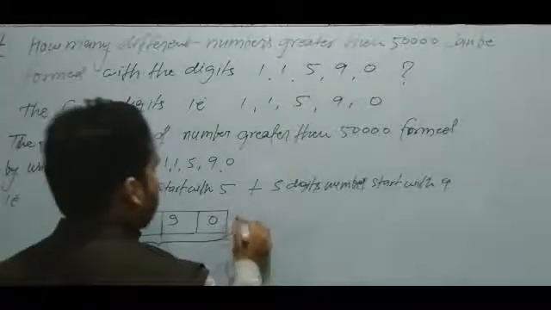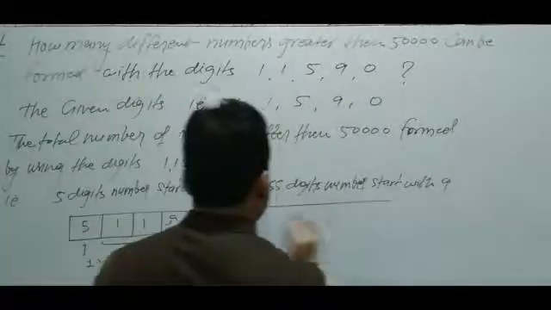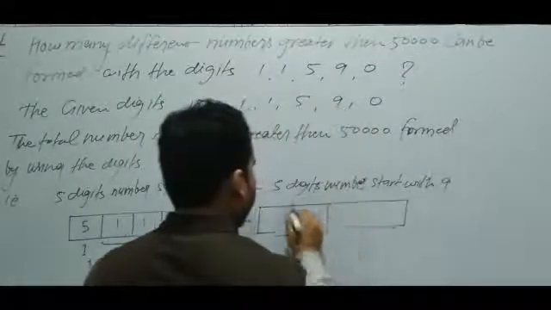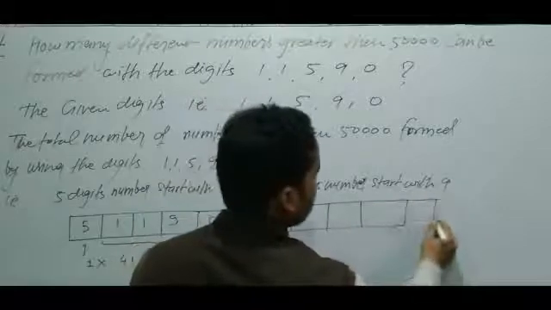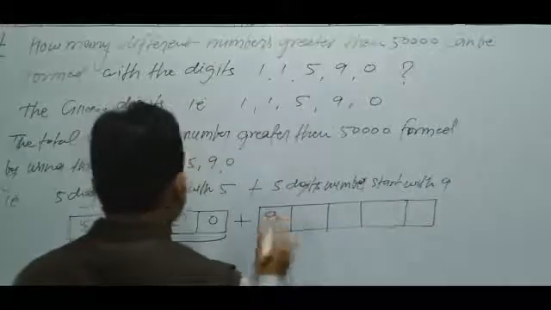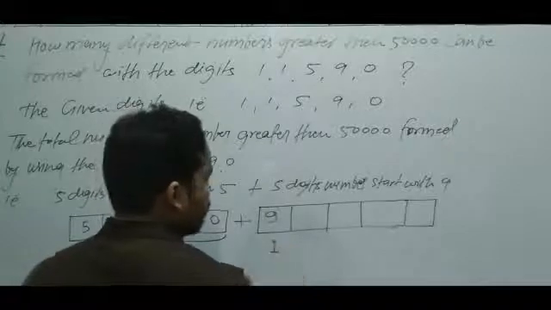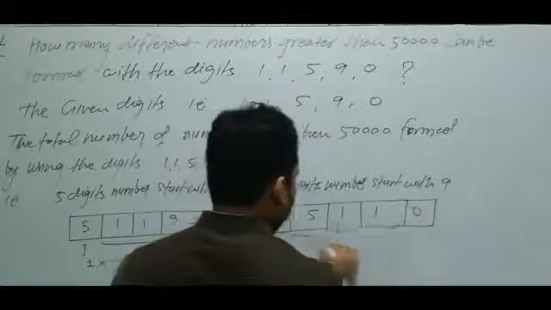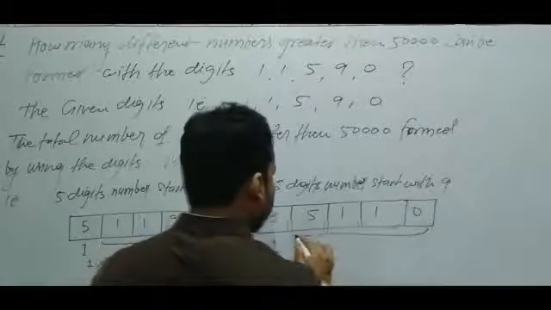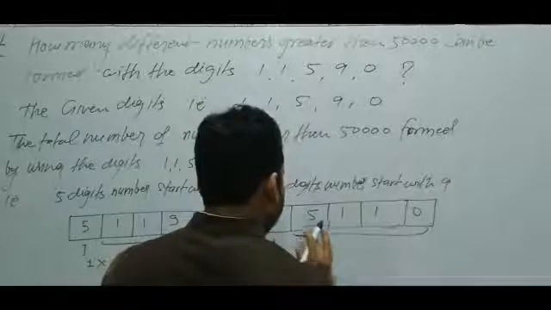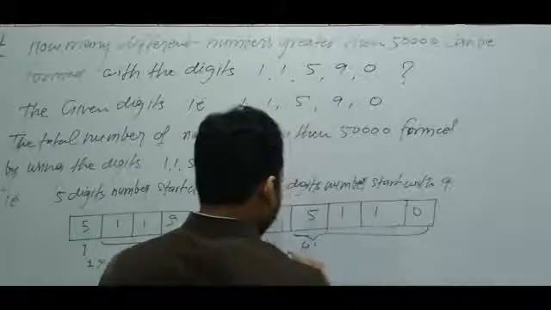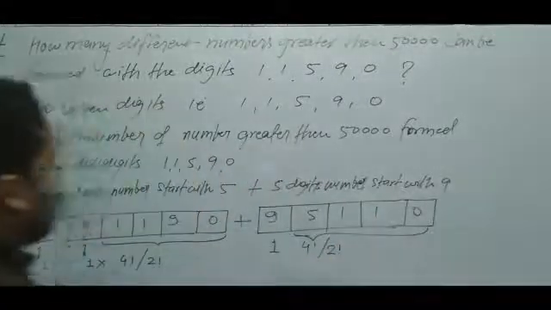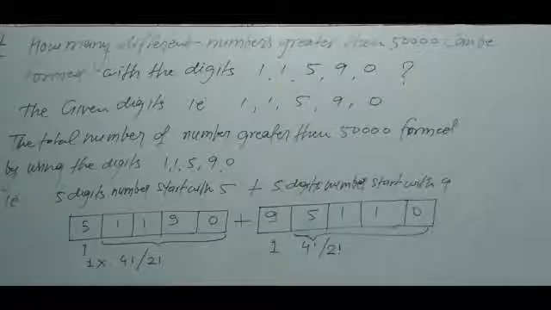Now similarly, this one we can fill by 9, so this is one ways, and this one 5110. So this result we can write factorial 4 ways, and repeating alphabet, repeating digit is 1, so factorial 2. Now this one we have to sum.